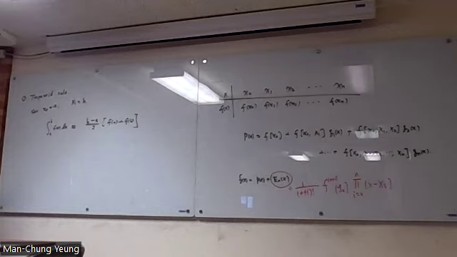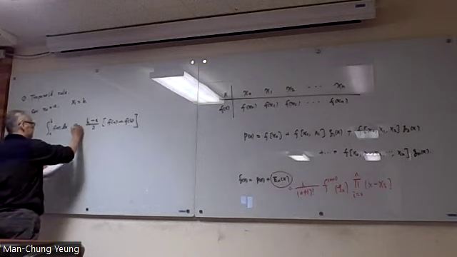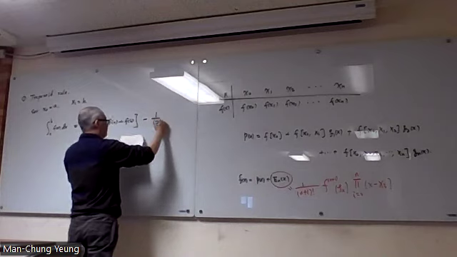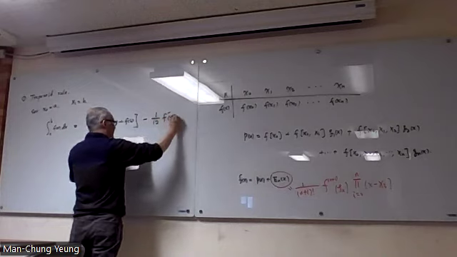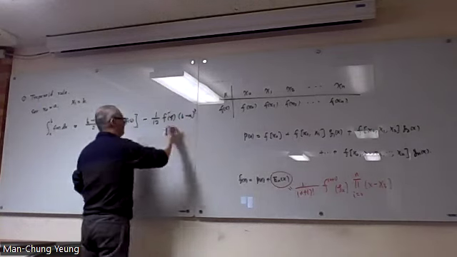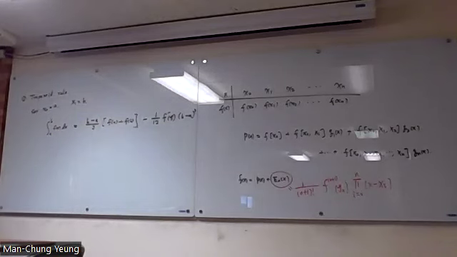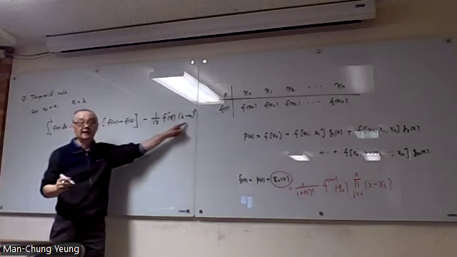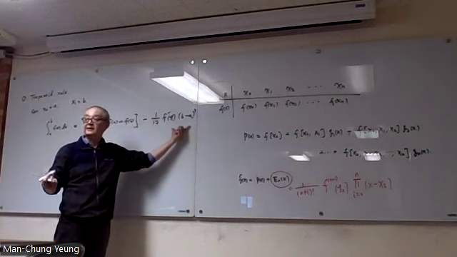How good is this approximation of the integral? How about the error? Here the error is minus 1 over 12 times the second derivative at some point psi, times (B minus A) cubed. It is easy to see that when B minus A is large, say greater than 1, then the error is large.